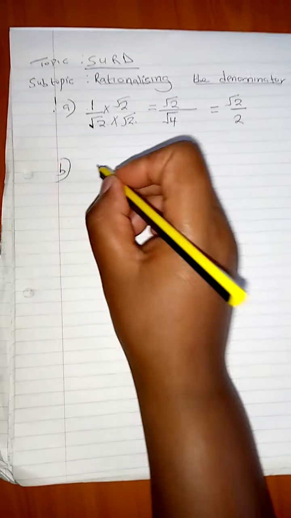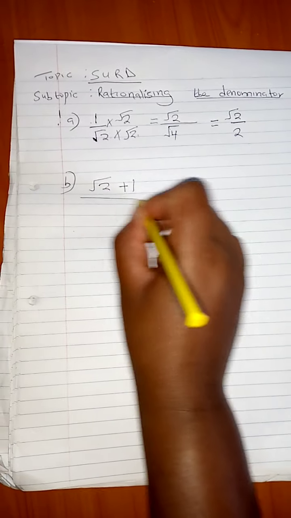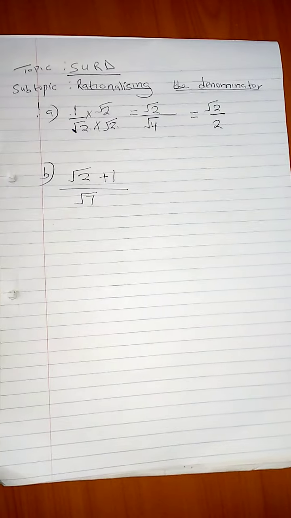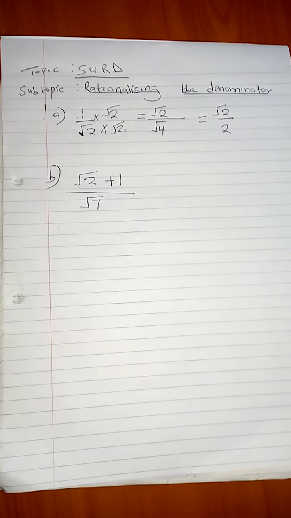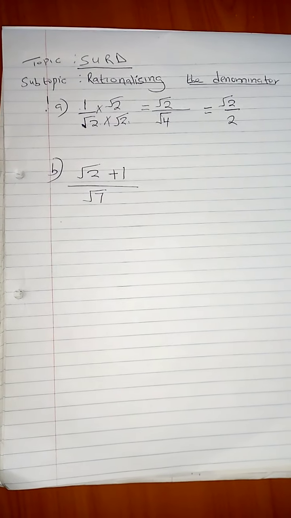Number B. Root 2 plus 1 all over root 7. So our question is to rationalize the denominator. To rationalize the denominator, you multiply both numerator and denominator by the value in the denominator.